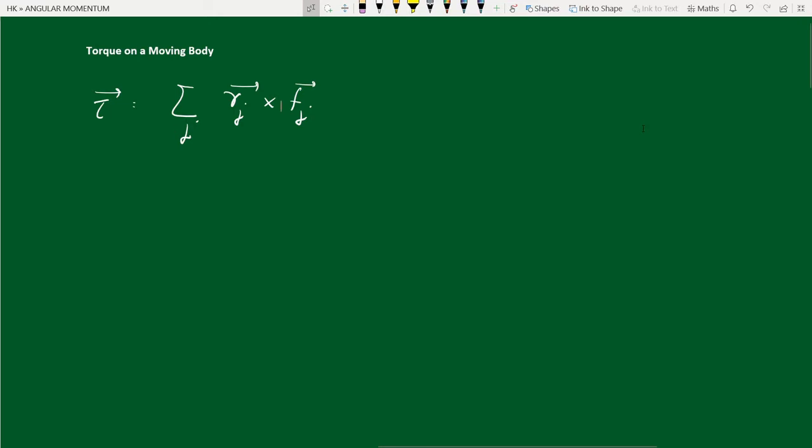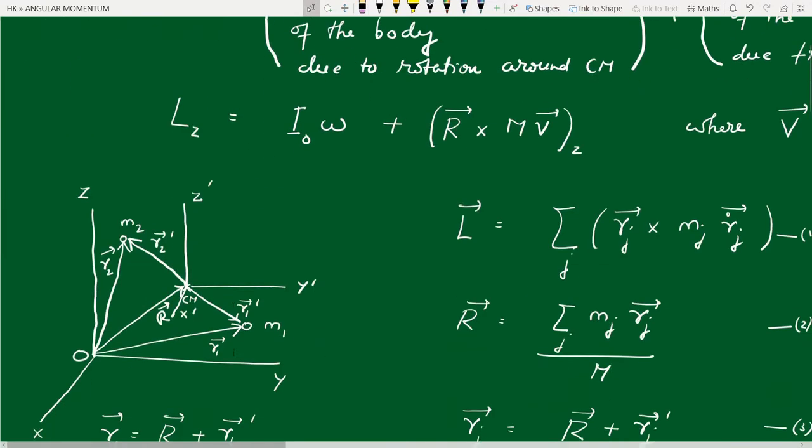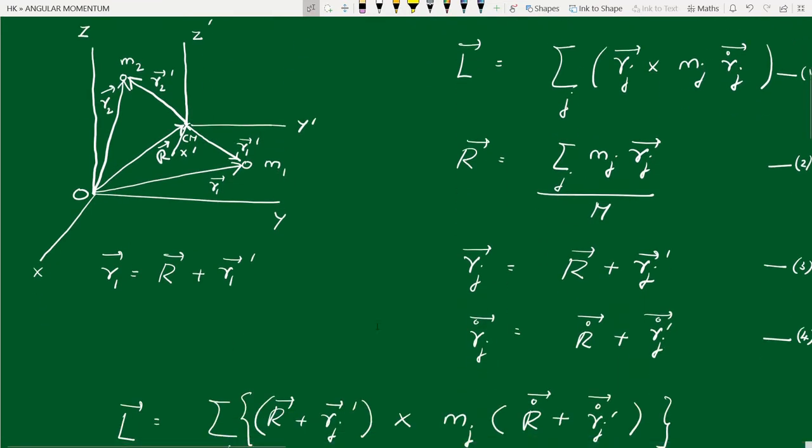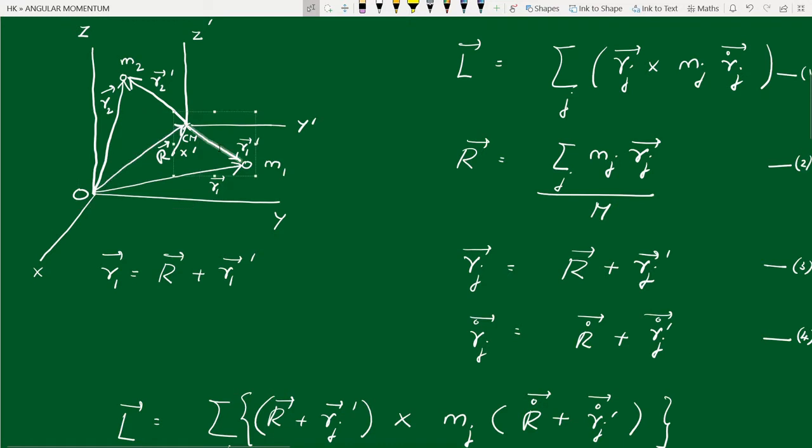Now from the previous class, we have this figure. Look at this figure, and from this figure we can deduce that for the first particle, R1, the position vector about the origin of an inertial coordinate system, is equal to R plus R1 prime.